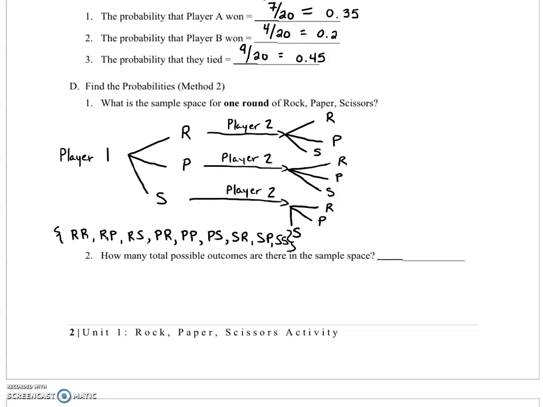So that is our sample space. So how many total possible outcomes are there? Well, we just count the things that are separated by commas. So 1, 2, 3, 4, 5, 6, 7, 8, 9. 9 total outcomes in the sample space.